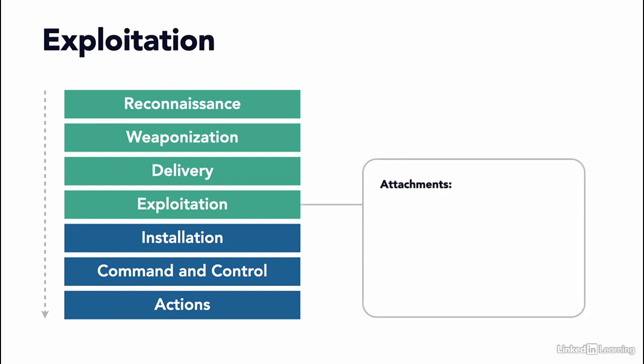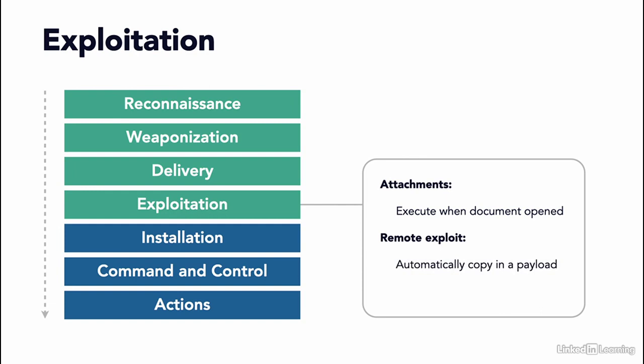When the malicious attachment is opened, the malware will begin executing and exploit a vulnerability in the target. For remote access, the exploit takes place through a packet or stream of packets sent to an exposed service on an internet-accessible host. The exploit may automatically copy in a payload, or it may use a two-stage approach by opening a shell on the system through which the attacker can manually copy in the payload.